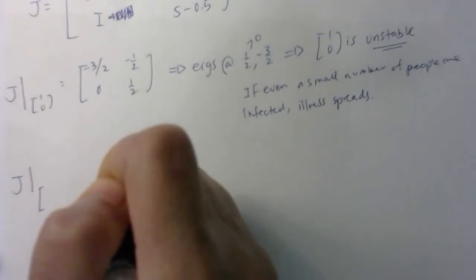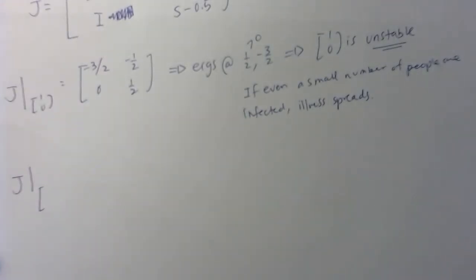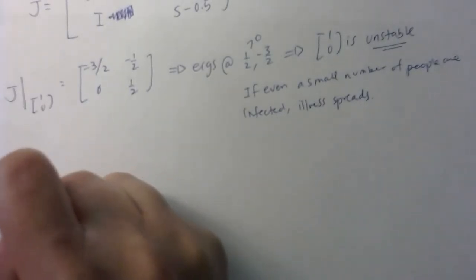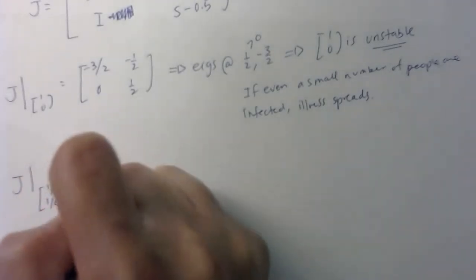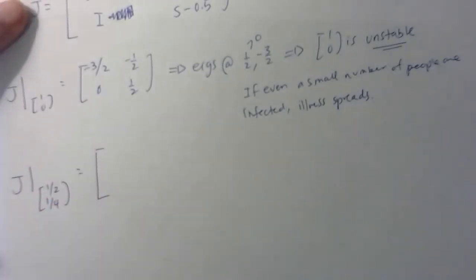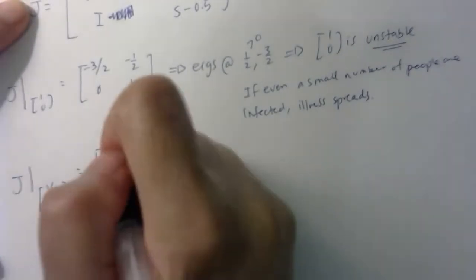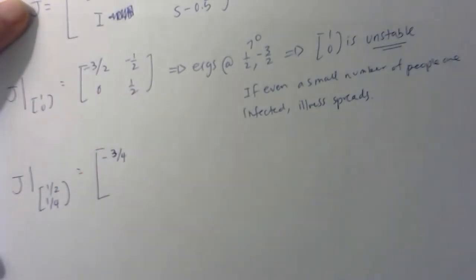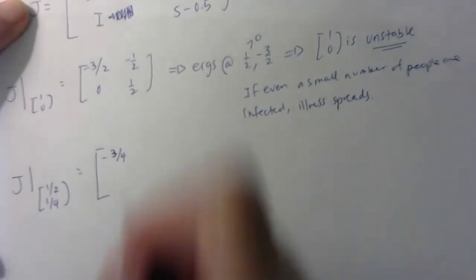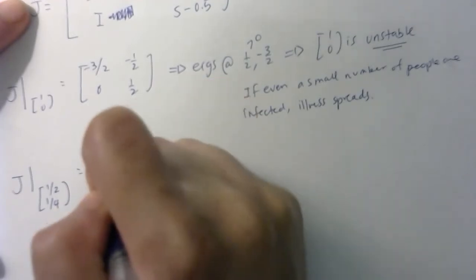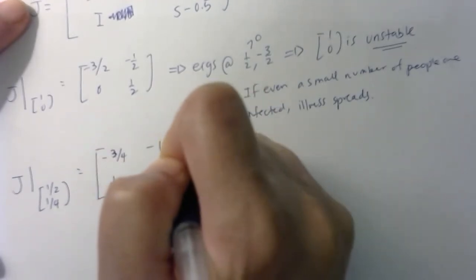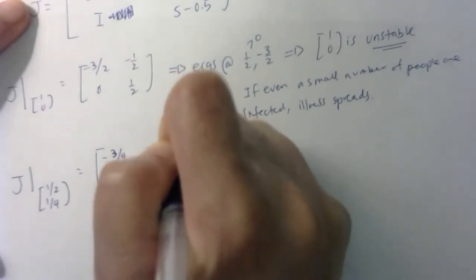Other Jacobian, the other equilibrium, at 1/2, 1/4. So I is 1/4. This becomes minus 3/4 in the 1, 1 position. s is 1/2, so minus 1. I is 1/4 and s is 1/2, so this guy is 0.